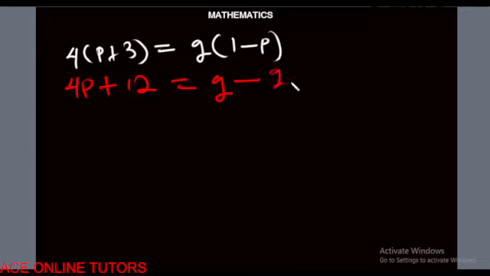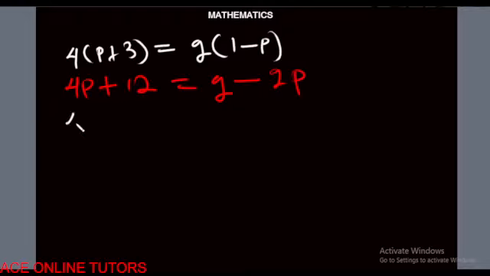Now you make sure that your p's are together, since they are the ones that you are looking for. So what you just do is take this qp and bring it to this side, because it's the one that is having minus. This one is already positive here, so you don't need to remove it from that side. So how are we going to achieve that?